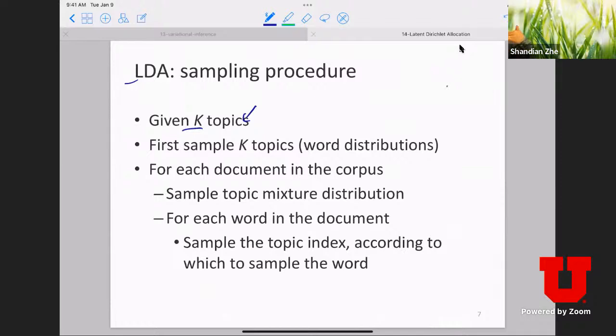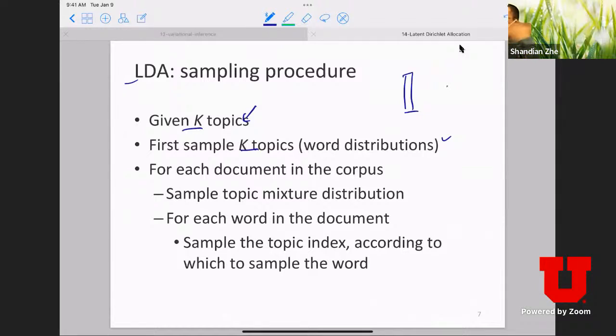We assume the number of topics K is given beforehand, which I believe from this collection of documents, we have 10 topics. And then LDA will first sample the K topics from some prior, which we'll say is a Dirichlet prior. And of course, each topic is represented by a distribution of the words in our vocabulary.